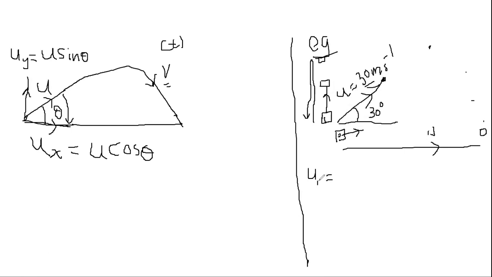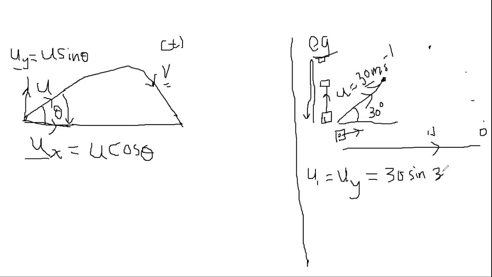So this U1 is actually the uy, the vertical speed. Can you find uy for me? It's 30 sine 30.